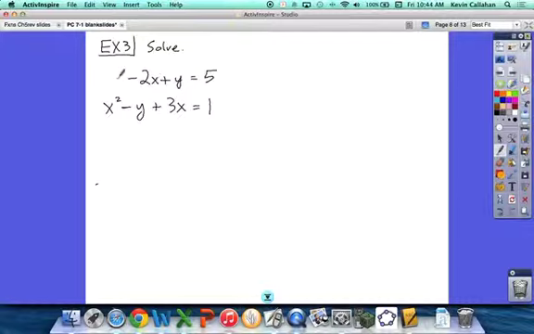Probably you want to solve the first one for y. That sounds like the easiest thing. In the end, it won't be much different, but I definitely think I'd be solving for y in one of these. I'm going to solve the first one for y, and we'll get y equals 2x plus 5.